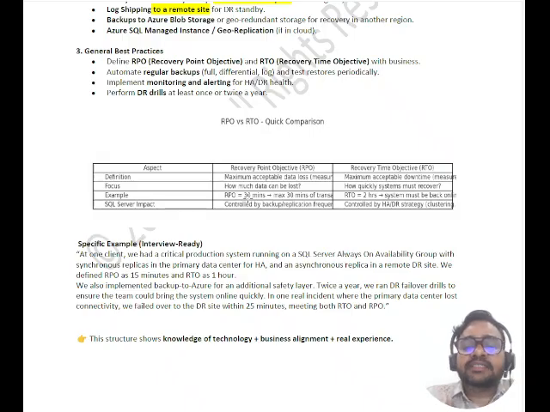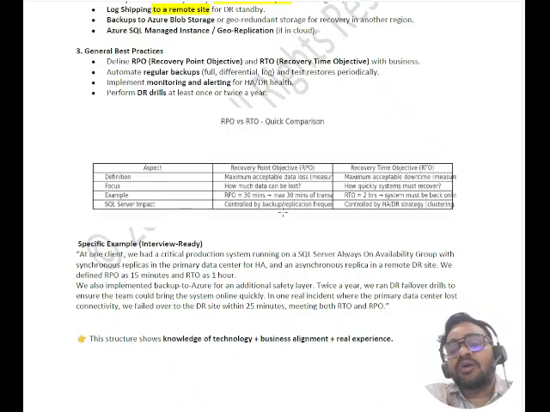For example, if RPO is 30 minutes, and RPO stands for how much data can be lost, that means we can lose a maximum of 30 minutes of data. That's how it can be interpreted. So maximum acceptable data loss can be 30 minutes, not more than that.